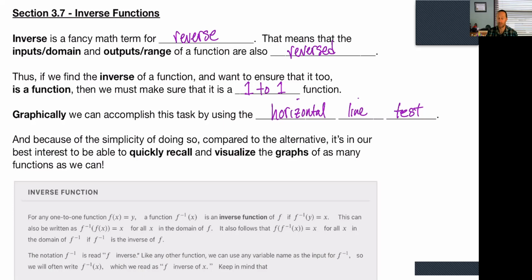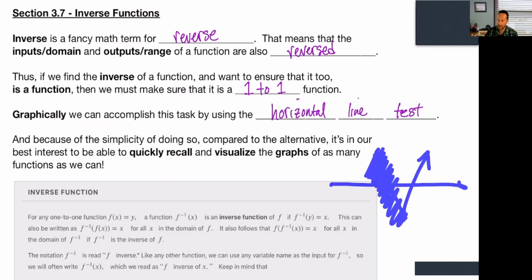Because then you should be able to look at an absolute value and you know it's a function, but is it a one-to-one function? No. Can we make it a one-to-one function? Yes. We could simply get rid of half of it, and now it would pass and be a one-to-one function. We can restrict the parts of it that we look at so that we can find the inverse of things.